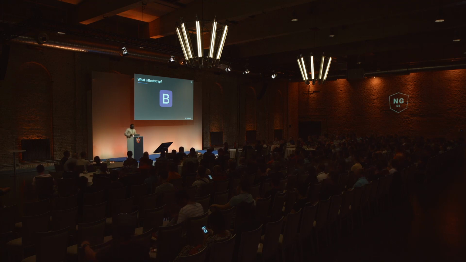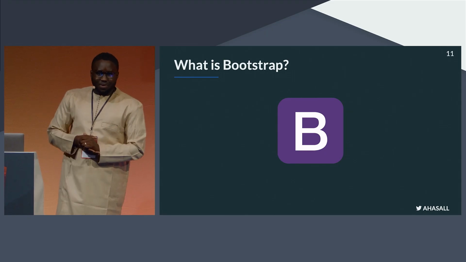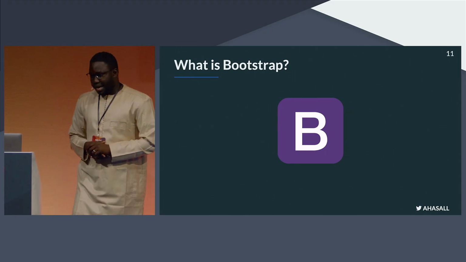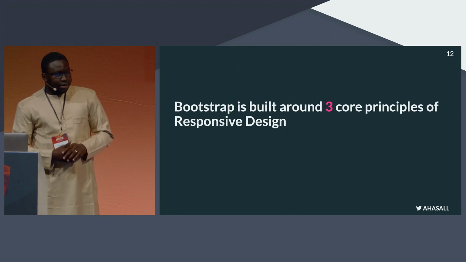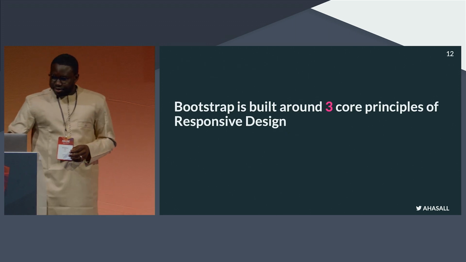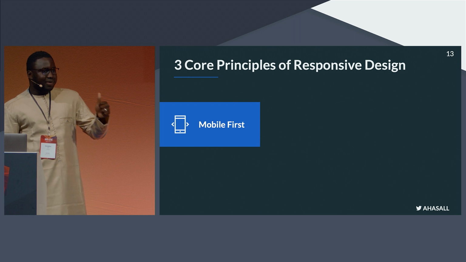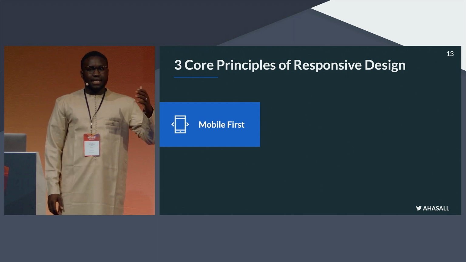So Bootstrap is one of the most popular UI toolkits in the world. And it is built around three core principles. What are these? The first one is mobile first. This means that you start building your application on smaller devices. Because on small devices, you have less space, so you will be able to adjust your design easily on larger size devices.